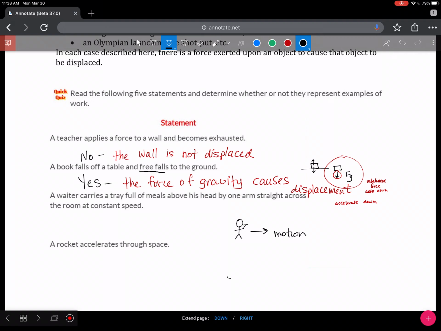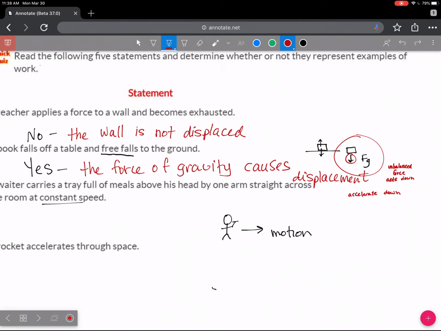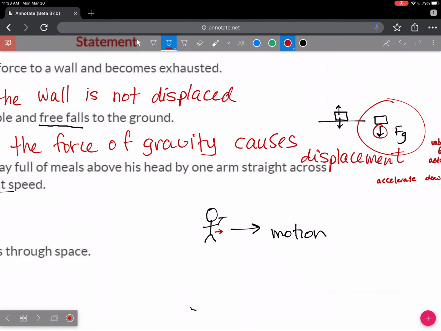The fact that he's moving at a constant speed means that there must be a force acting left and right. So his force to the right is balanced by some force to the left. So he's moving at a constant speed, there's no change in energy, there's no acceleration. So there's no work being done horizontally.